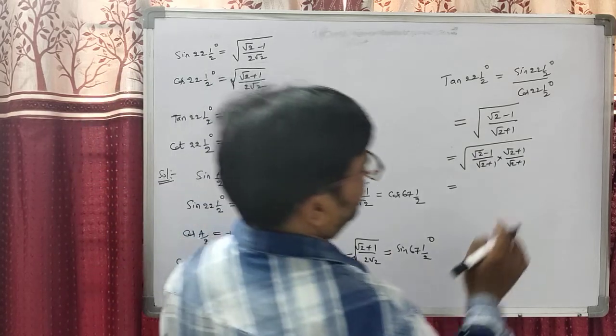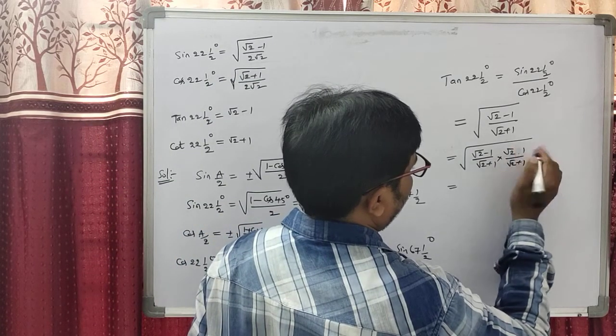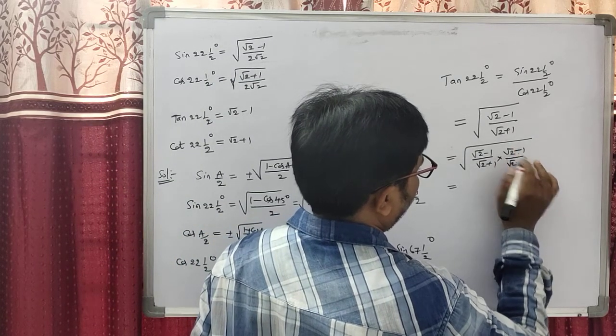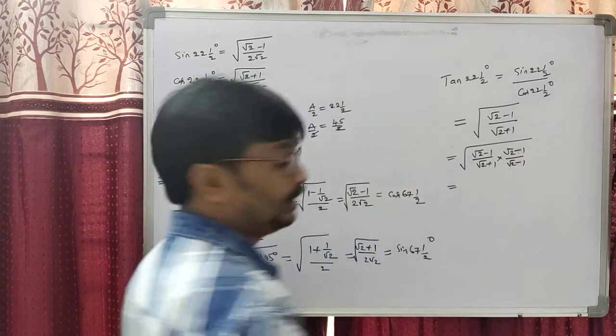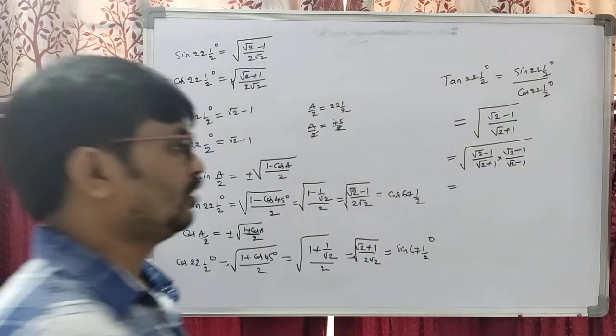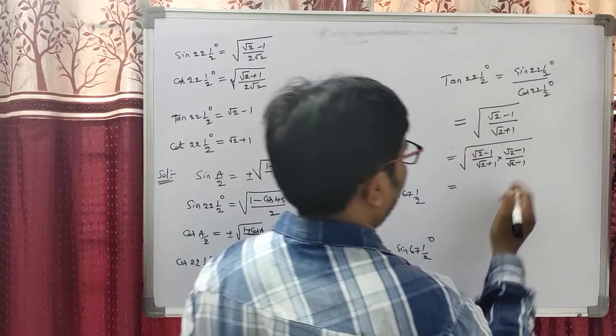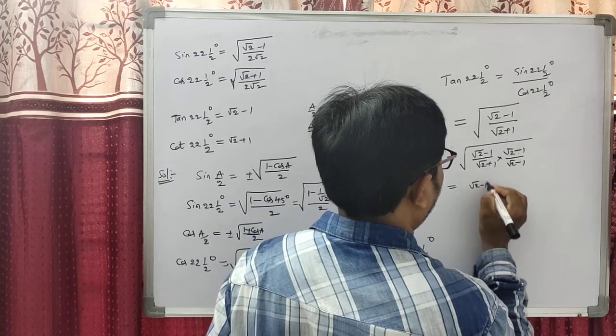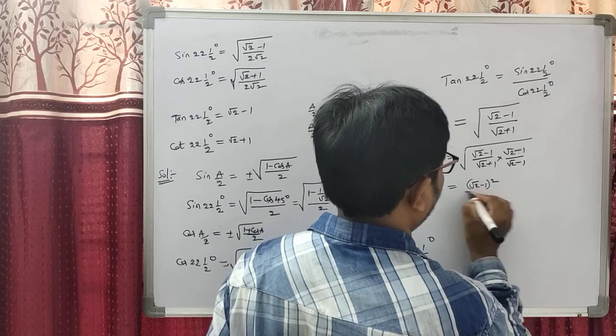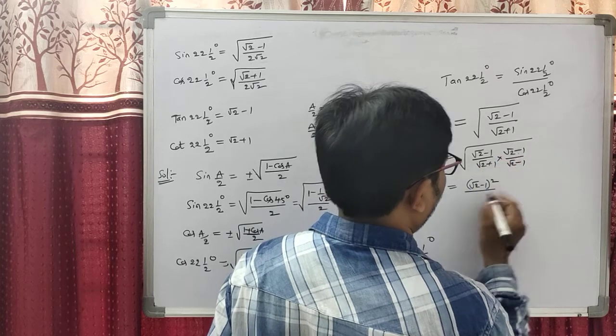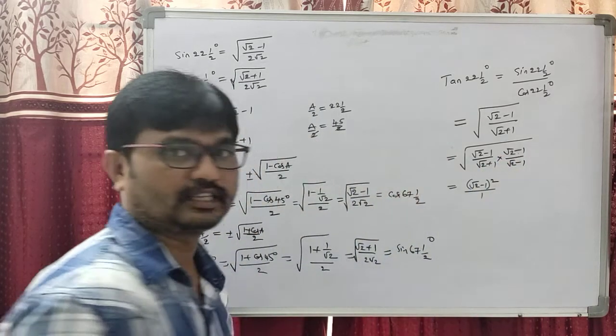So now we are taking the rationalization, students. Multiplying by root 2 minus 1 in numerator and denominator, the numerator is (root 2 minus 1) into (root 2 minus 1), which is (root 2 minus 1) whole square. The denominator is (a plus b)(a minus b) equals a square minus b square.